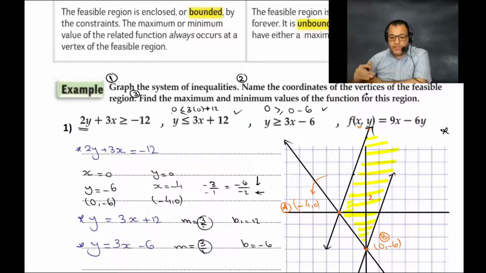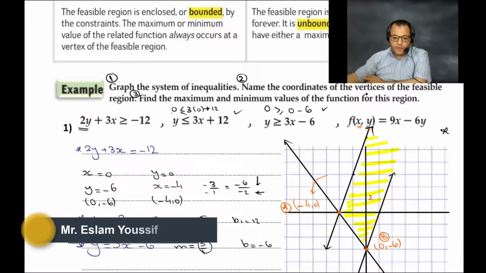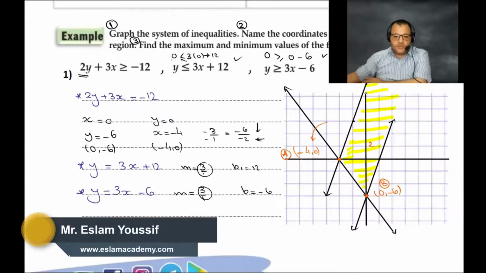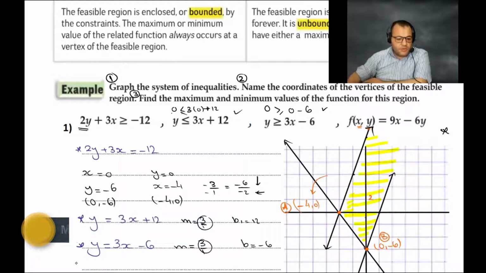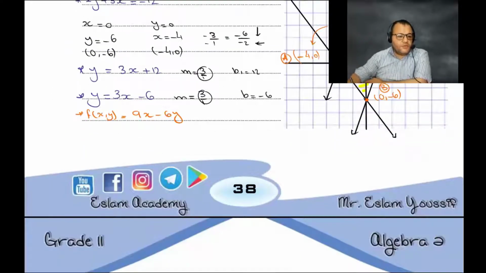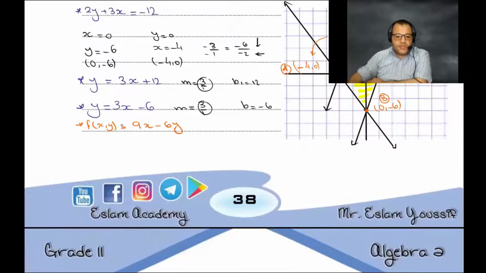Then we start from down to up, or from left to right. f of x and y is equal to 9x minus 6y. So all I have to do is replace the ordered pair, for A.